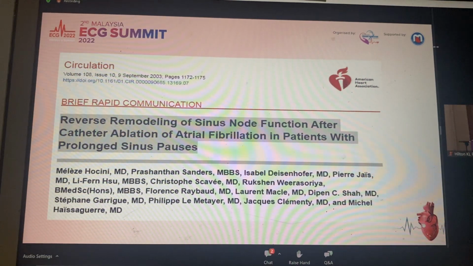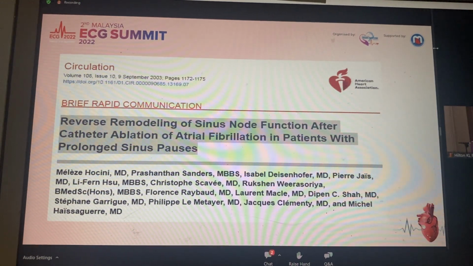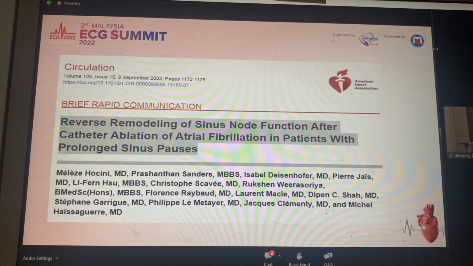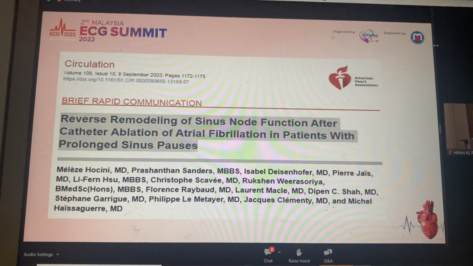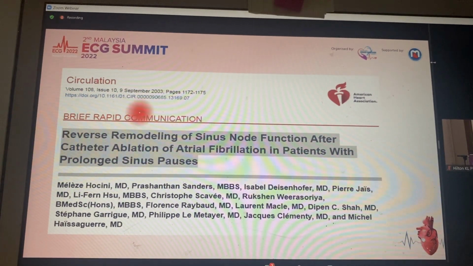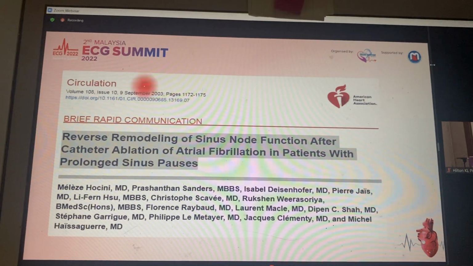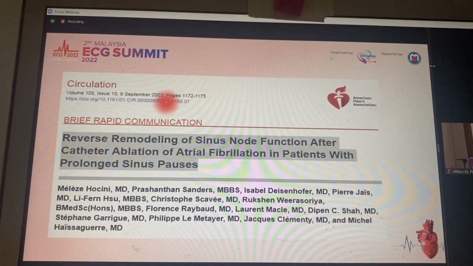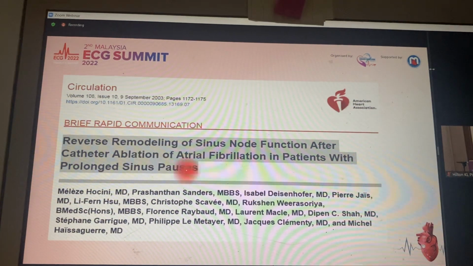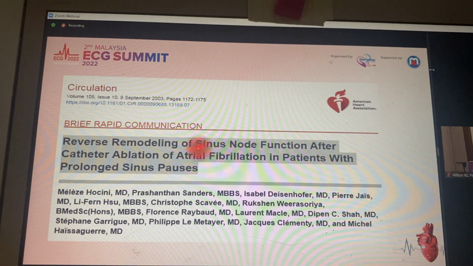By treating the AF, by curing the AF, by ablating the AF, we can lead to reverse remodeling of sinus node function after the catheter ablation for AF in a patient with prolonged sinus pause. This has been proven because, like I said before, tachycardia is the culprit of bradycardia because of the suppression of the sinus node after the burst of tachycardia. So by treating the AF, we can get away from the permanent pacemaker.